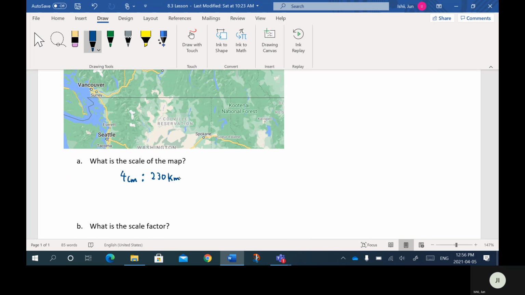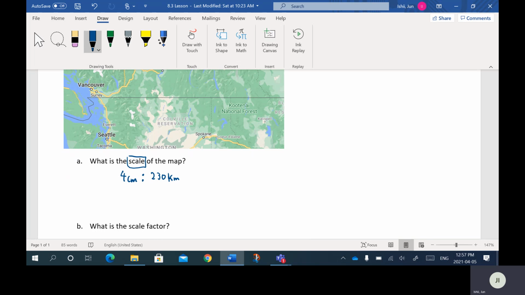Now, the thing here is that we have two different measurements, centimeters and kilometers. When it comes to scale, we can leave the units different. However, part B, which is a scale factor, we need to have the units the same. It's a subtle difference in what you're being asked for, but when you're asked for the scale of the map, you can leave it as two different units.